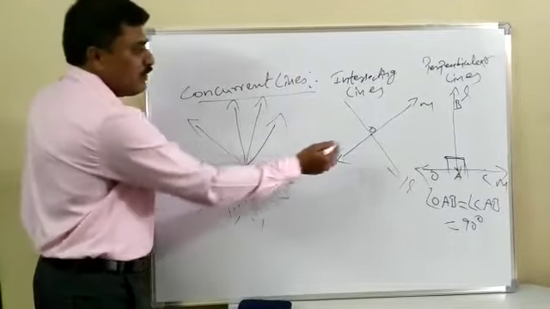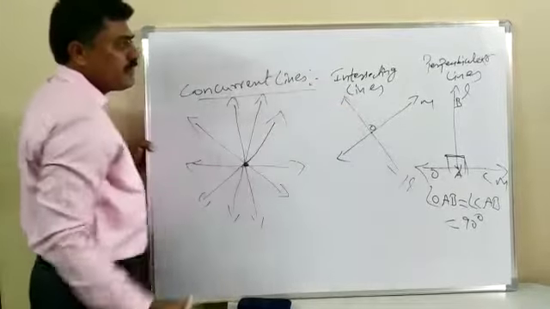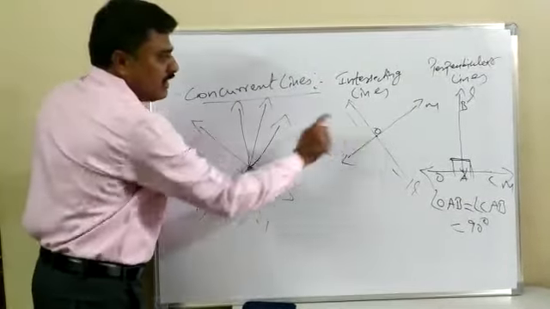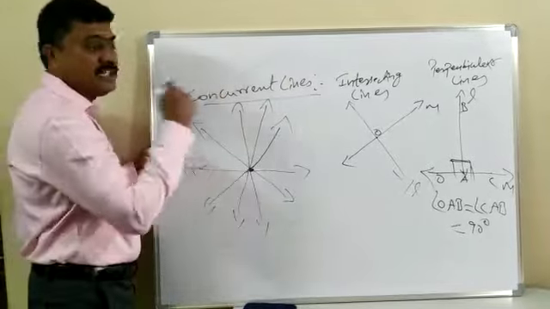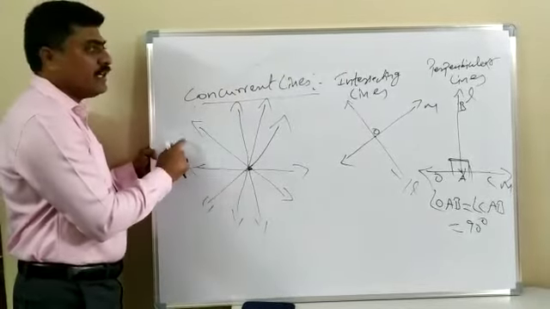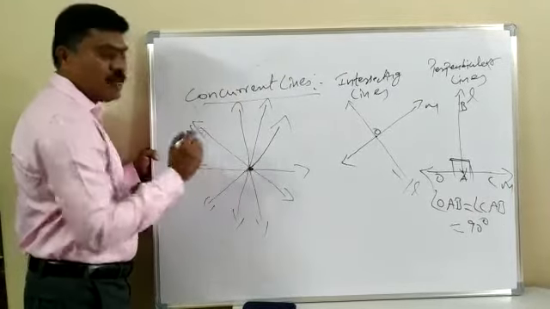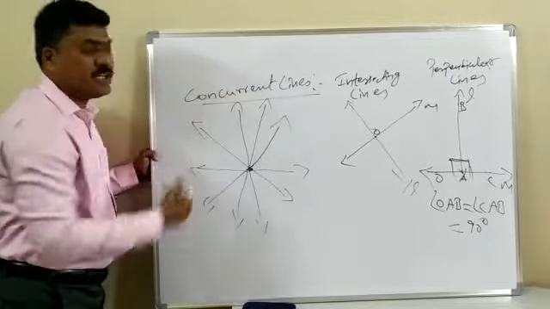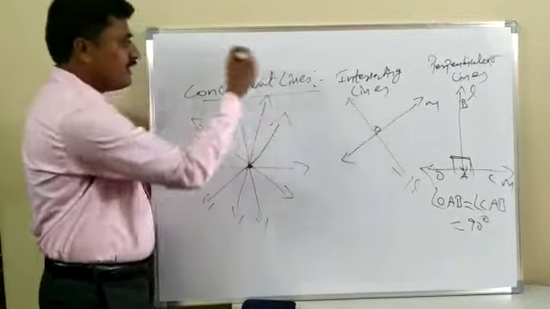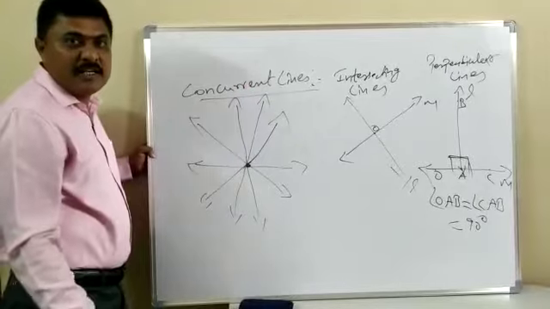If we are taking only two lines intersecting only at one common point, they are called intersecting lines. Here in concurrent lines, we also have a common point. But why are we naming them concurrent lines, and what is the difference between intersecting lines and concurrent lines?